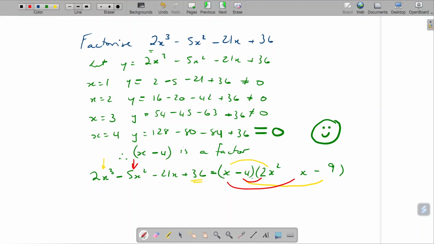Currently, minus 4 times 2x squared is giving me minus 8. So I want minus 5 of them, which means this has to be plus 3 of them, which means I need, hold on, x times what gives me 3x squared. And hopefully you're going to realize that this needs to be plus 3.